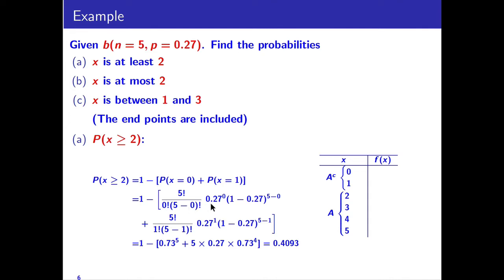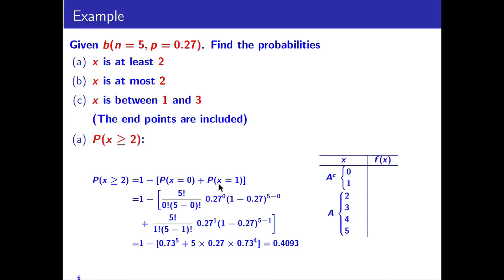And then 0.27 to the 0 power, and 1 minus 0.27 to the 5 minus 0 power. So 5 factorial and 5 factorial cancel. 0 factorial is 1, and 0.27 to the 0 is also 1. So you have 0.73 to the 5th.